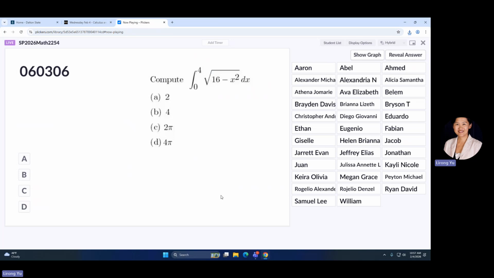I don't have... just definite integral, just. No, because I didn't lose the one.